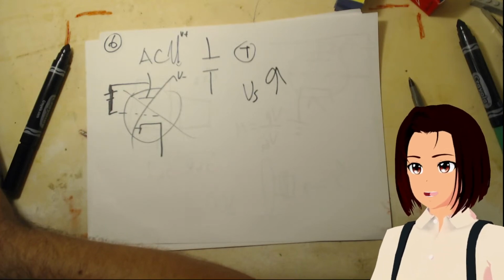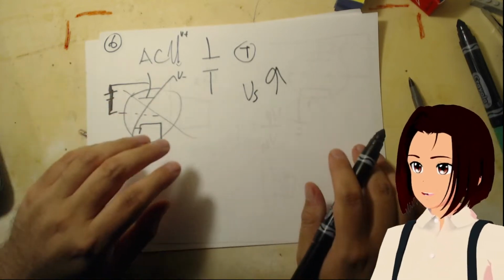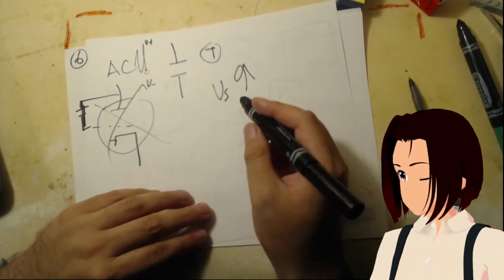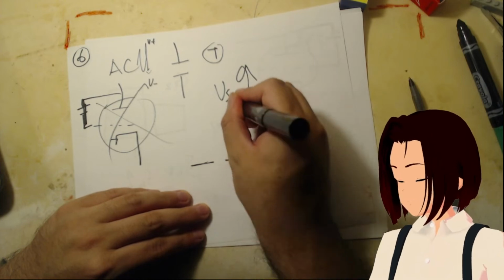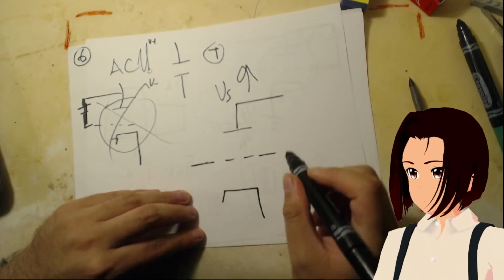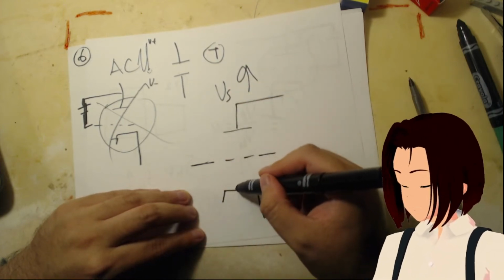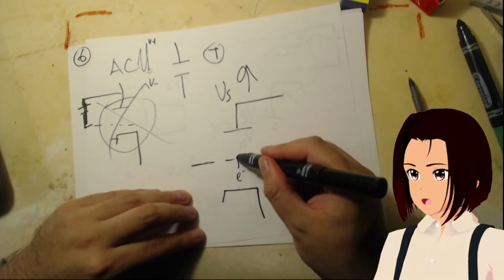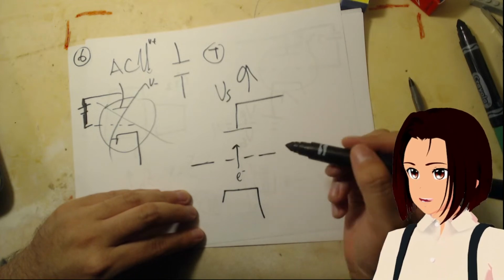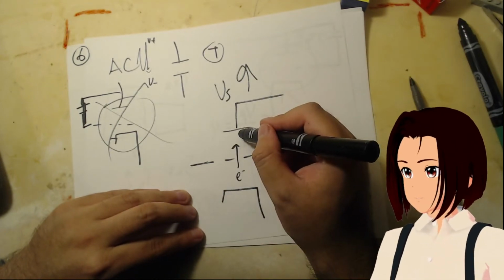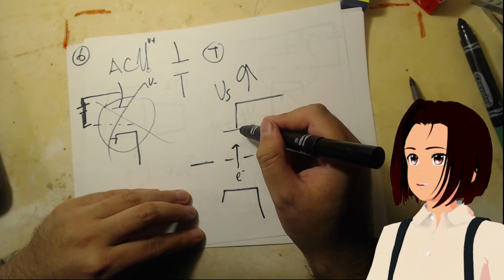So here's the other problem with the triode. We have little electrons, and they go right through the grid when the grid allows it, and they go to the plate, and they're happy.